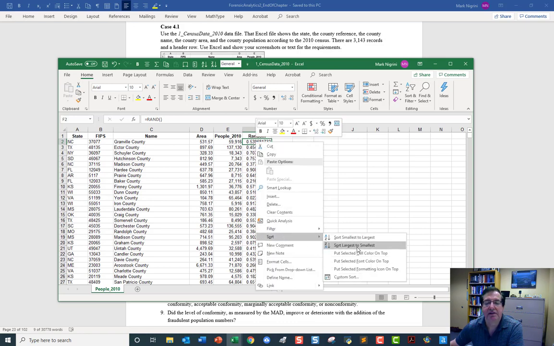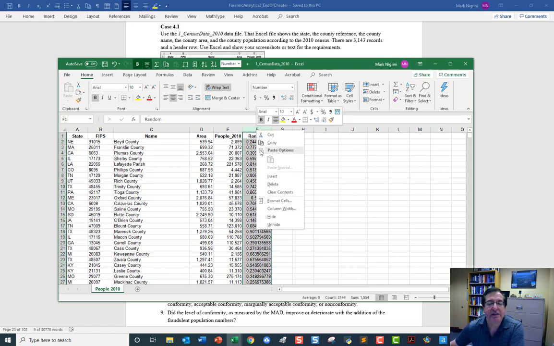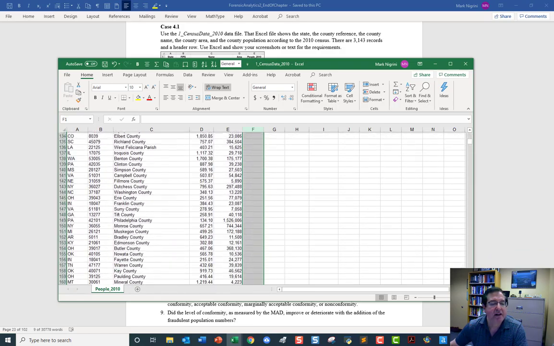Sort, largest to smallest, 4. Now I'm actually going to get rid of this so that it doesn't do a recalculation again. And my first random sample would be my first 1572. So we need to go down here.